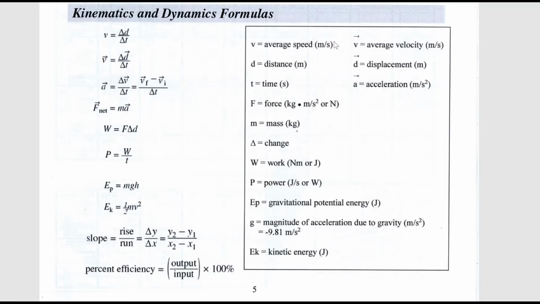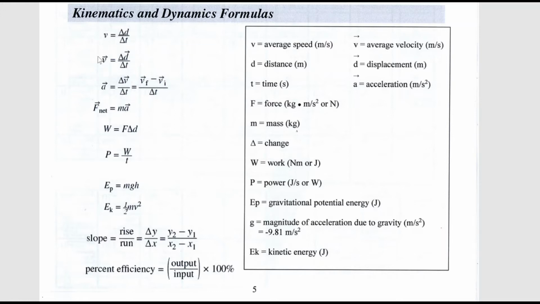And then I look at the side and I see V with an arrow above it, and it says average velocity, and it's typically measured in meters per second. Well, what is the difference between those two things? We've got a V with no arrow and then a V with an arrow. Well, whatever. Let's take a look at the formulas over on the left-hand side.